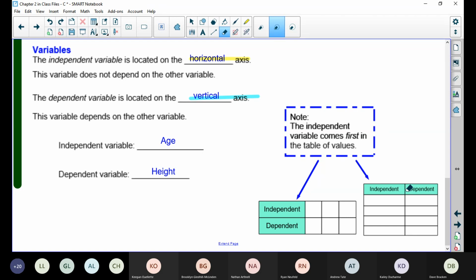Okay, most people done. About half done here, okay? So once you're done, put your hand down.